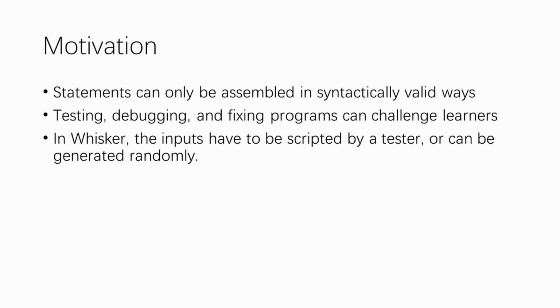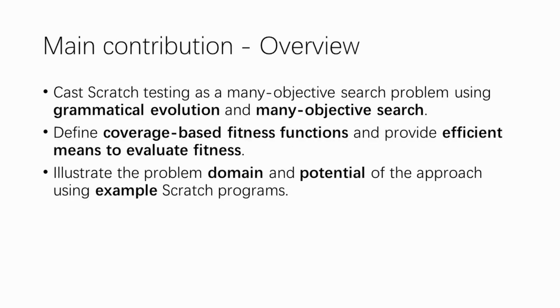In Whisker, the inputs have to be scripted by a tester or can be generated randomly, while Scratch programs are often trivially simple. This is not always the case, thus challenging the test generator. The main contributions of this paper are as follows. 1.